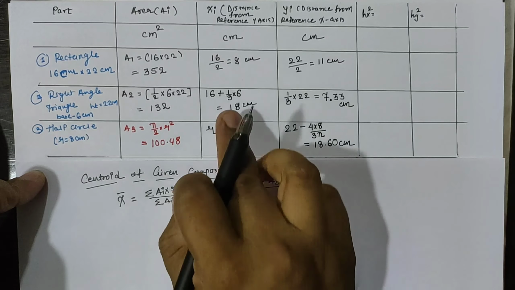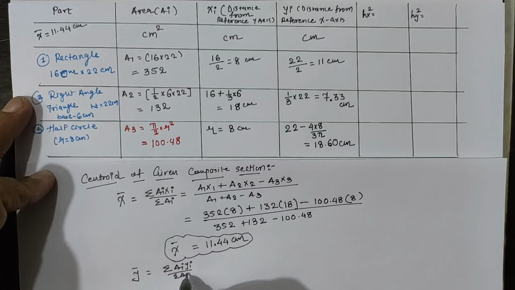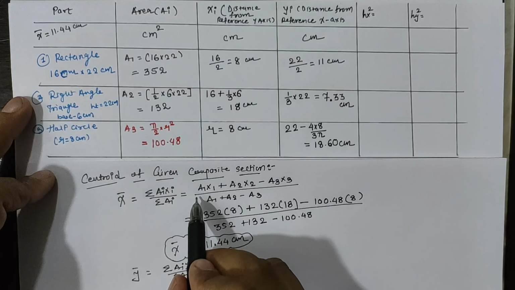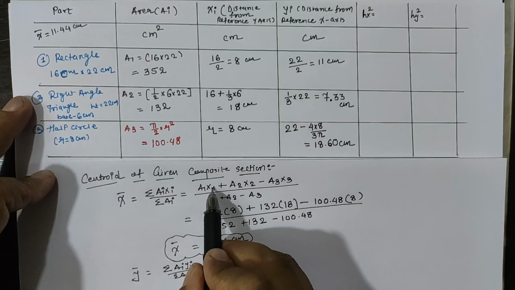Similarly for the y bar, it means the CG distance of the given section with respect to the reference x axis, and the equation is sigma Ai Yi by sigma Ai, similar to the above equation, but instead of Xi we have to take Yi. Hence the equation is A1 Y1 plus A2 Y2 minus A3 Y3 divided by A1 plus A2 minus A3.